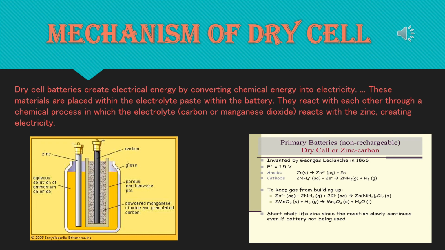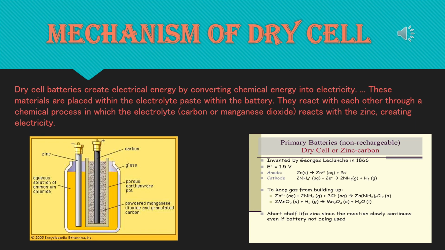Zn2+ (aq) plus 2 NH3 (g) plus 2 Cl-, that means actually NH4Cl (aq), forming Zn(NH3)2Cl2 solid. After that, 2 MnO2, manganese dioxide solid, reacts with hydrogen gas forming Mn2O3 solid plus H2O, or else you can write the reaction from your book.